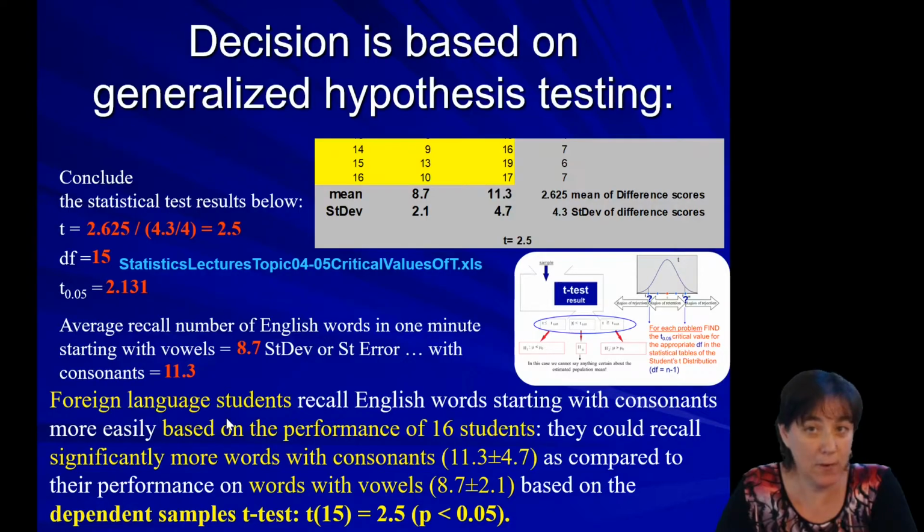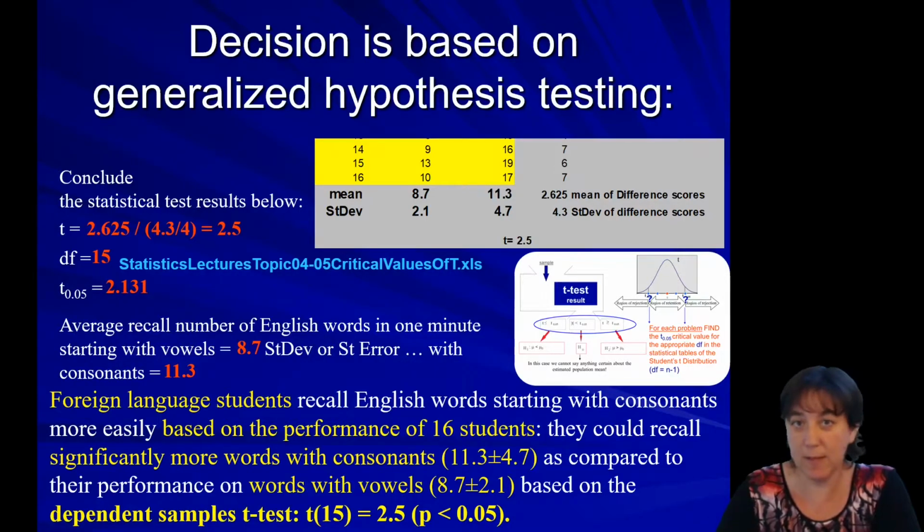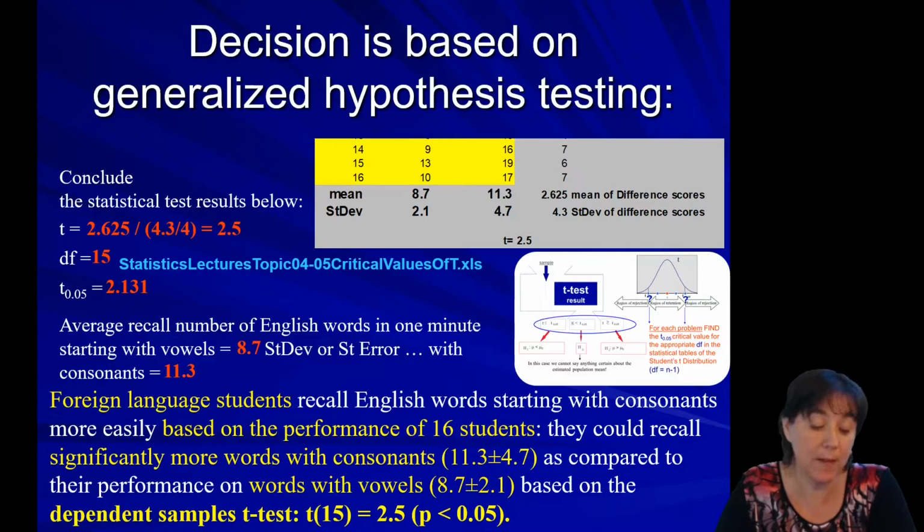So if we're talking about foreign language students, that's where I derive my samples from, and they're recalling words in English, starting with vowels and consonants. This is the performance we get, or I got, from the 16 students.